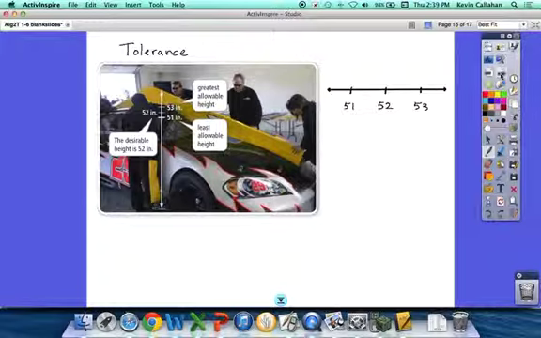What absolute value inequality describes heights of the model of a race car shown, within the indicated tolerance? Okay, so they're saying they want the height of the car to be 52. It would be okay if it is as tall as 53 or as short as 51, but it's got to be somewhere in there.